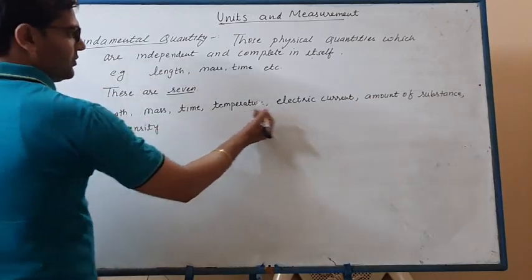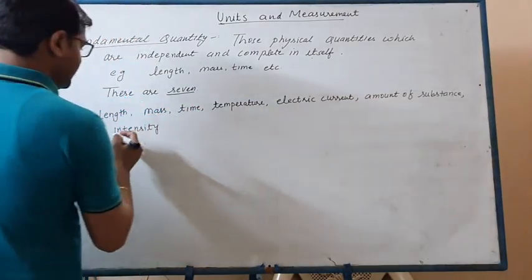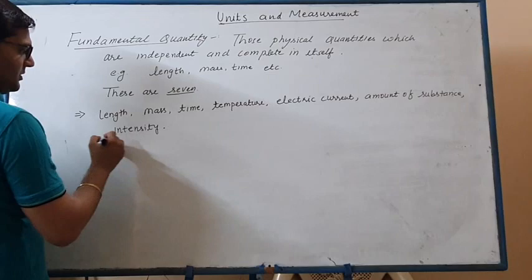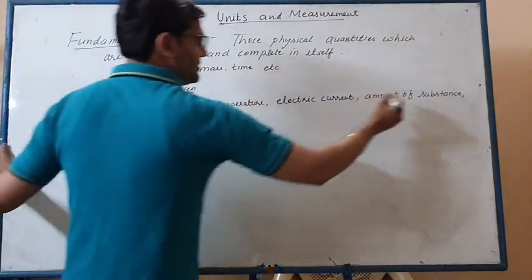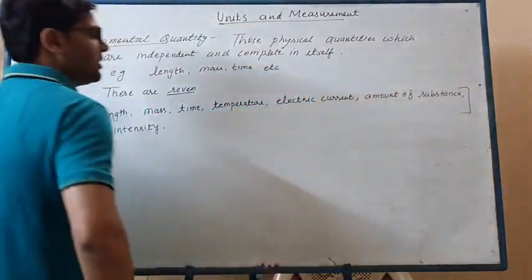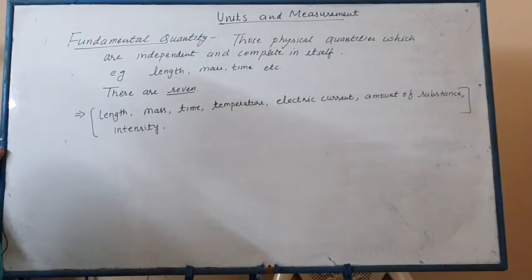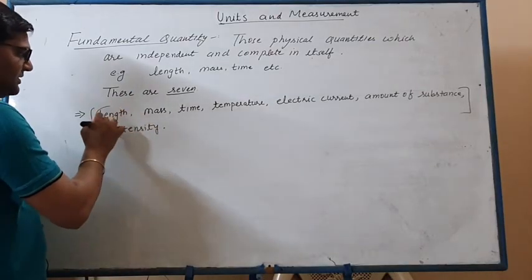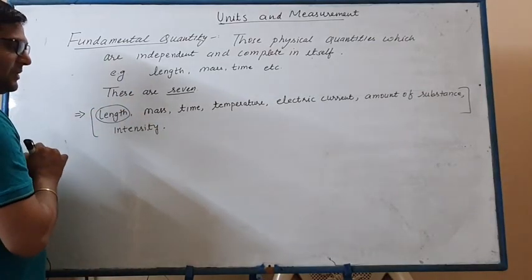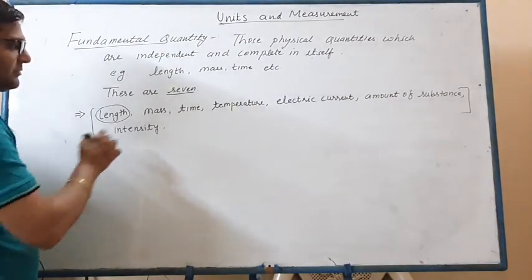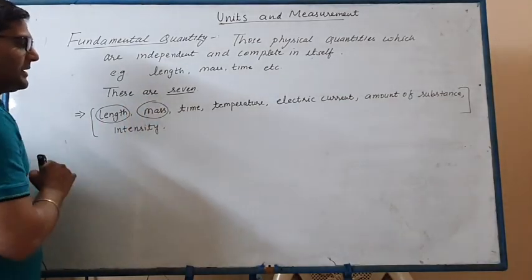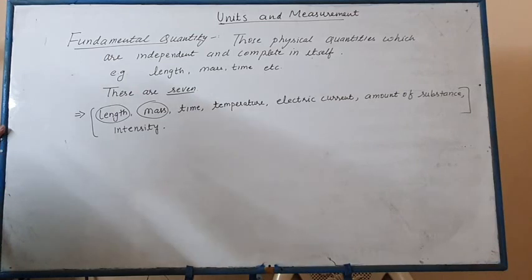One, two, three, 4, 5, 6 and 7. These are the 7 fundamental quantities. Fundamental quantity means these are complete in itself. Length is complete in itself. Mass is complete and it is independent of another quantity.